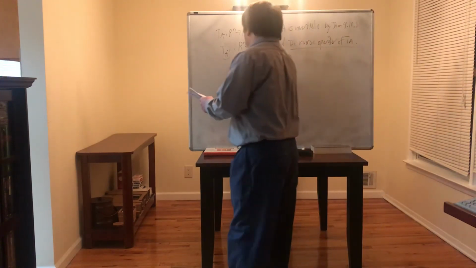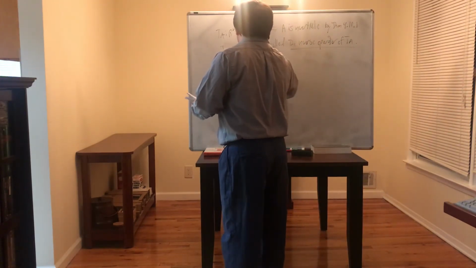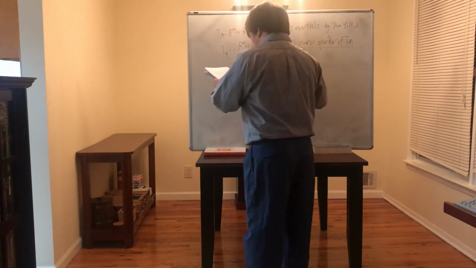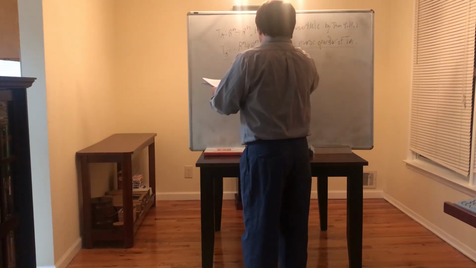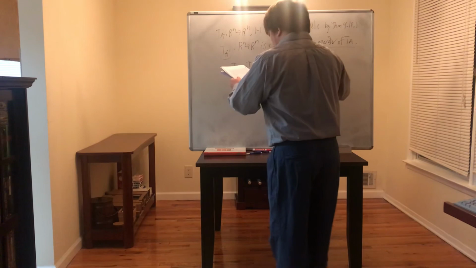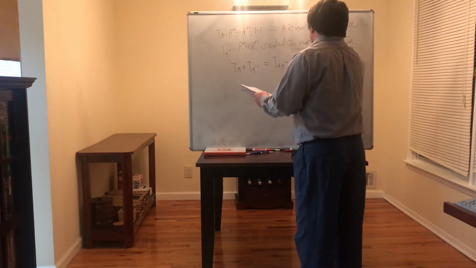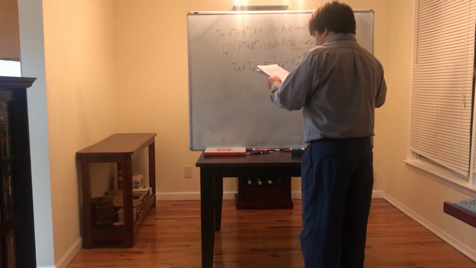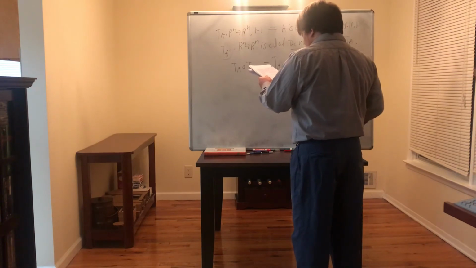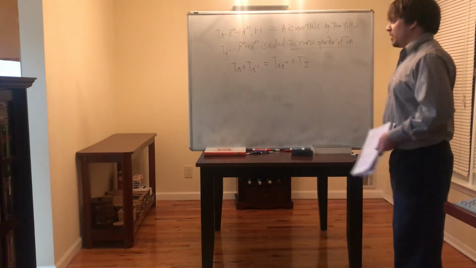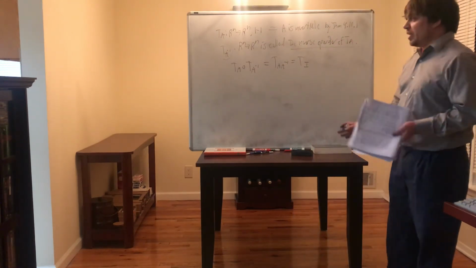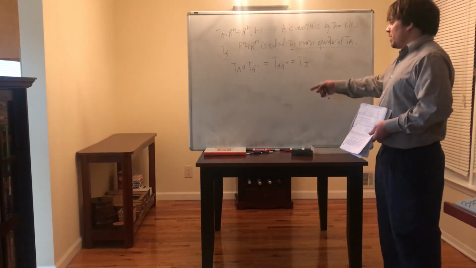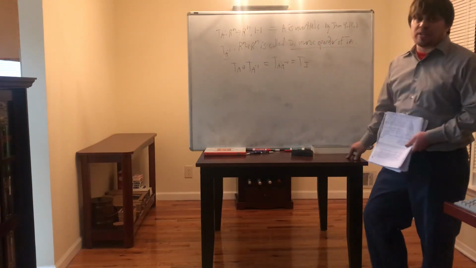So that means that T sub A composed with T sub A inverse is equal to T sub A A inverse, and that's equal to T sub I, which is just left multiplication by the identity matrix, the identity operation.